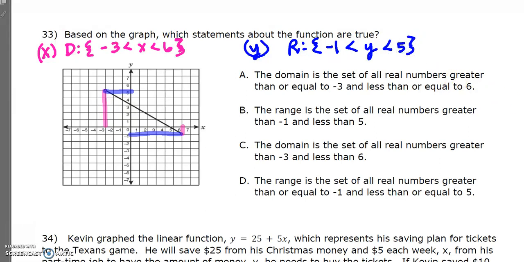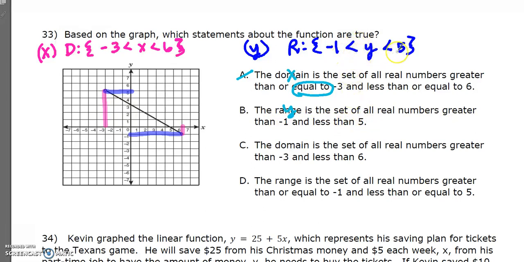All right, so now let's see what our answer choices are. It says the domain, which would be the X values, is the set of all real numbers greater than or equal to -3. Is this equal to -3? No, so that's not it. B, the range, which would be the Y values, is the set of all real numbers greater than -1 and less than 5.